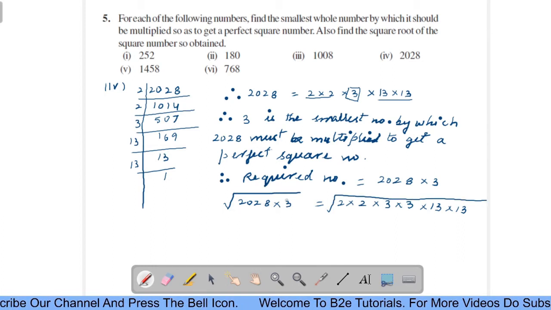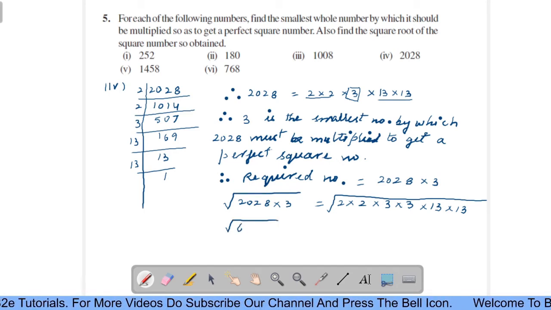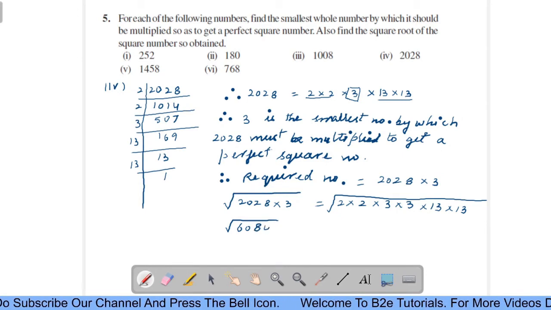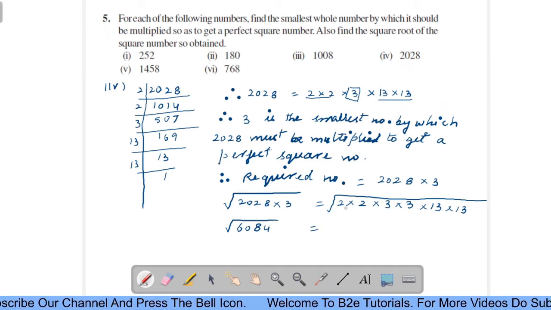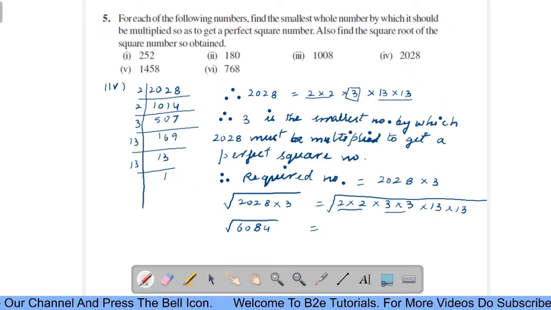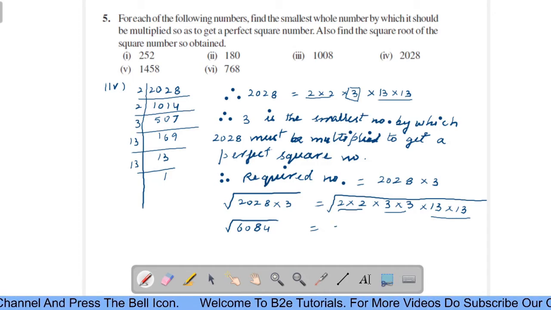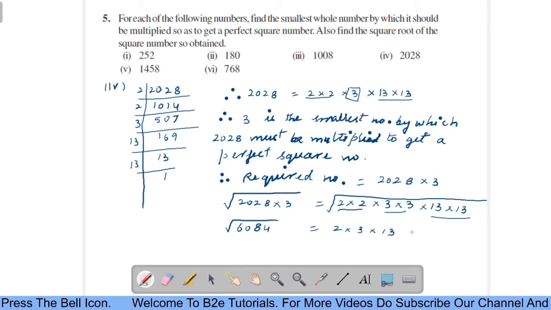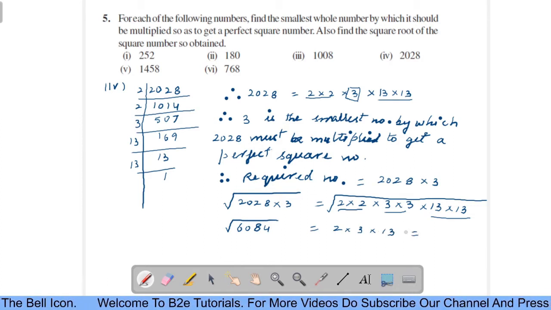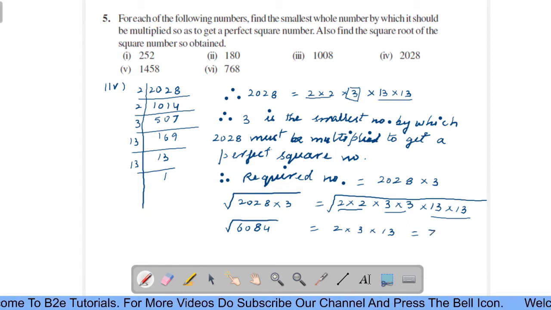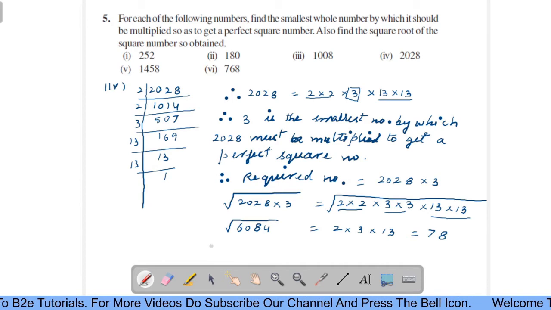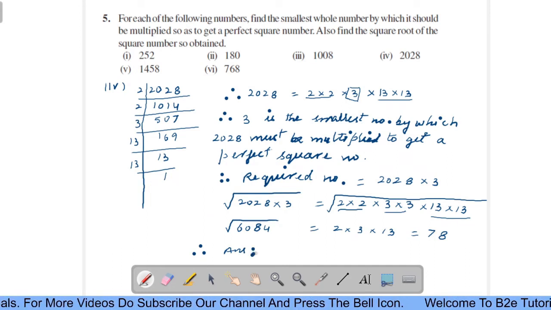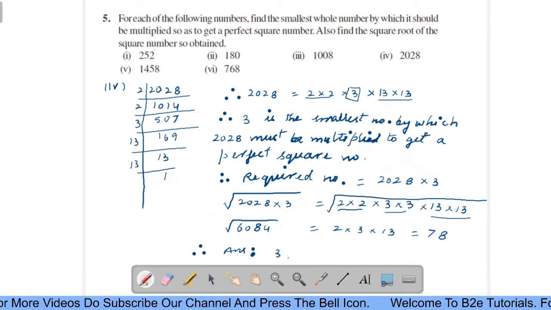Here 2028 into 3, square root of 6084 equal to, here make pairs of 2, you will get 2 into 3 into 13. Multiply this, 2 3 is 6, 6 into 13 equal to 78. Therefore, your answer is 3 and 78.